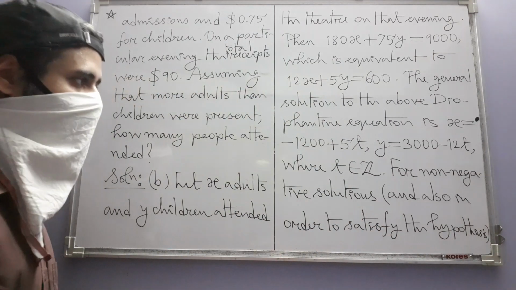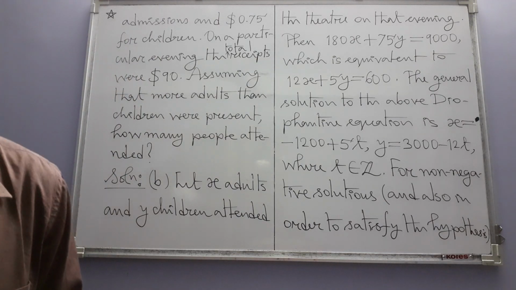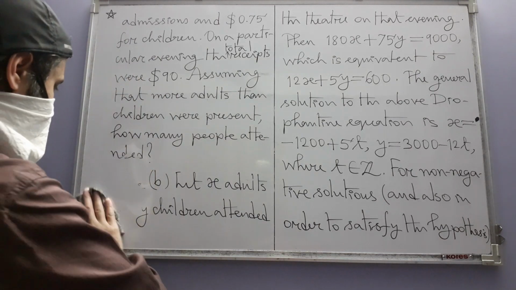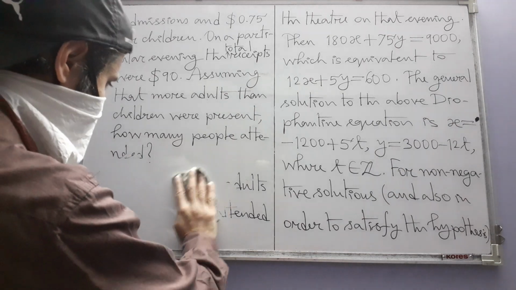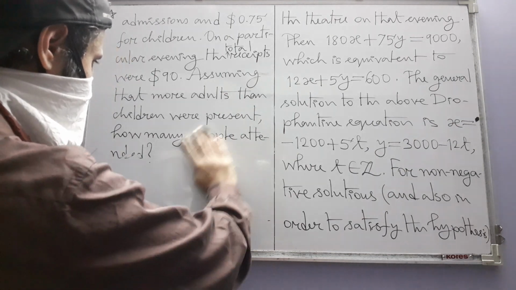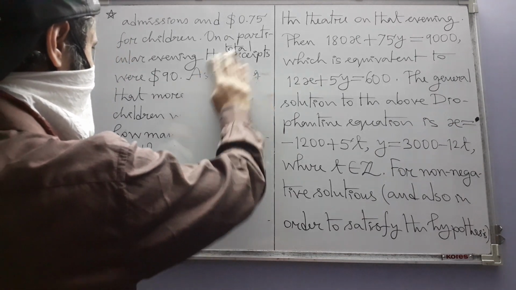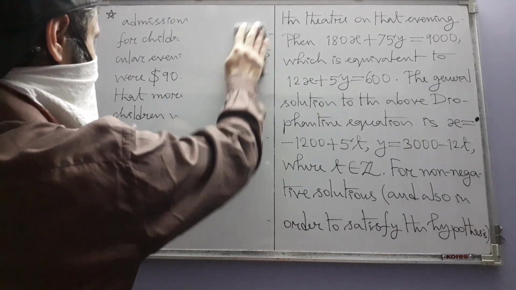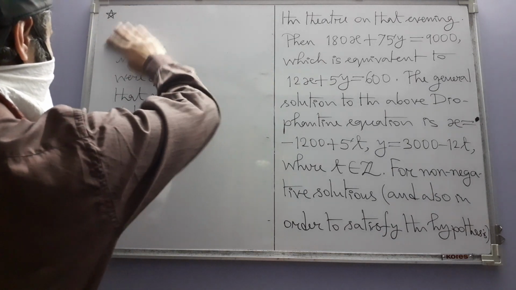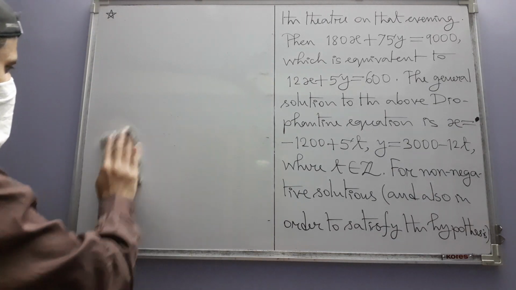Actually there is no need to write this much, but for the sake of clarity I am writing. You know what hypothesis? That there are more adults than children. So because of all these things, we should now have these following inequalities.